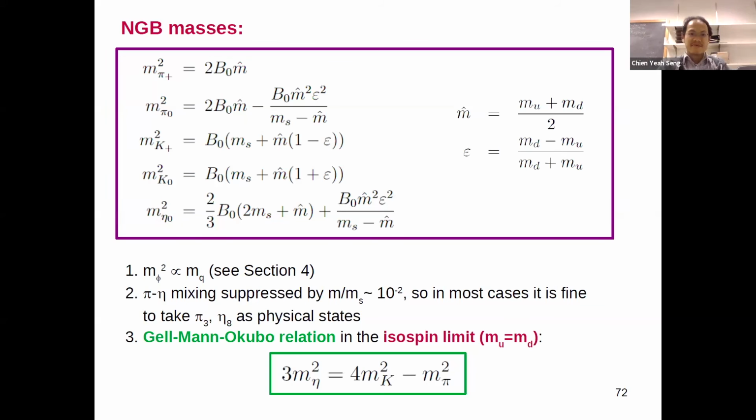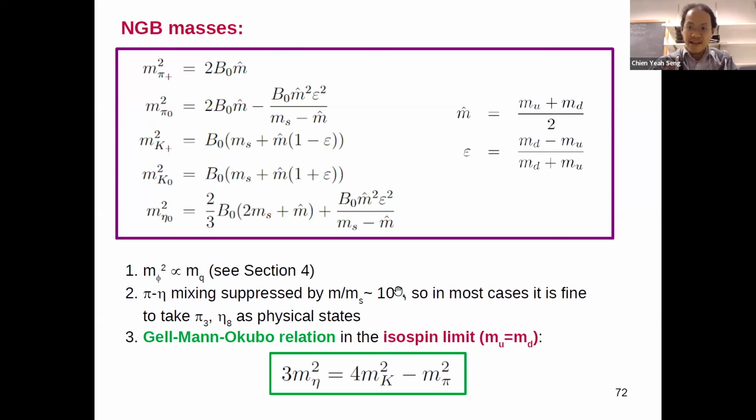And one interesting thing is that this term in the pi 0 and this term in the eta 0 come from the rediagonalization of the pi 3 and eta 8. However, as you can see, these terms are actually suppressed by the average up-down quark mass divided by the strange quark mass, which is very small, 10 to the negative 2.